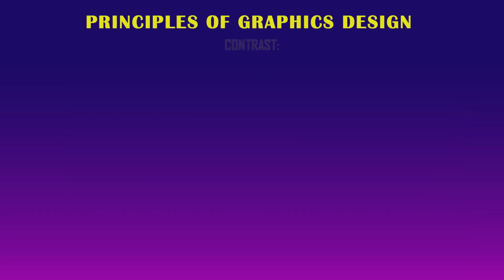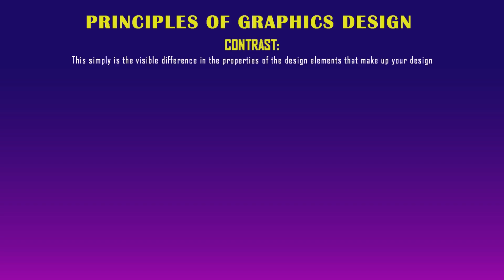Speaking of contrast, let us use this opportunity to describe what contrast means as a principle of design. Contrast simply is the visible difference in the properties of the design elements that make up your design. Often, when referencing contrast, most people think of color contrast, but there are several ways to apply contrast in your design.